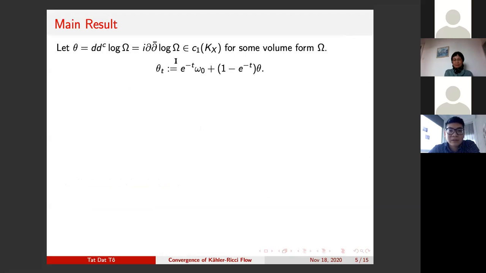Before this, I want to simplify the Kähler-Ricci flow in the case of a Kähler manifold.